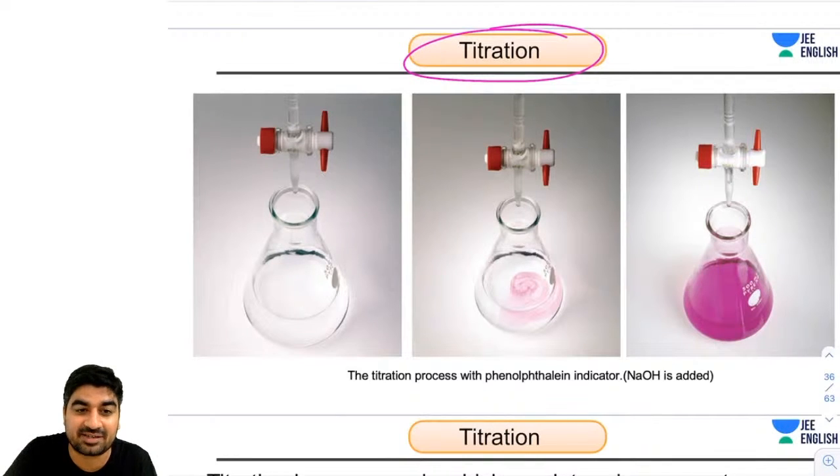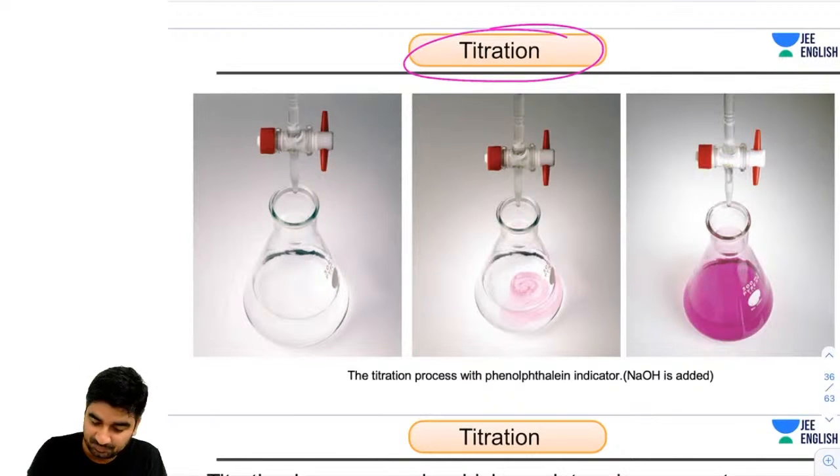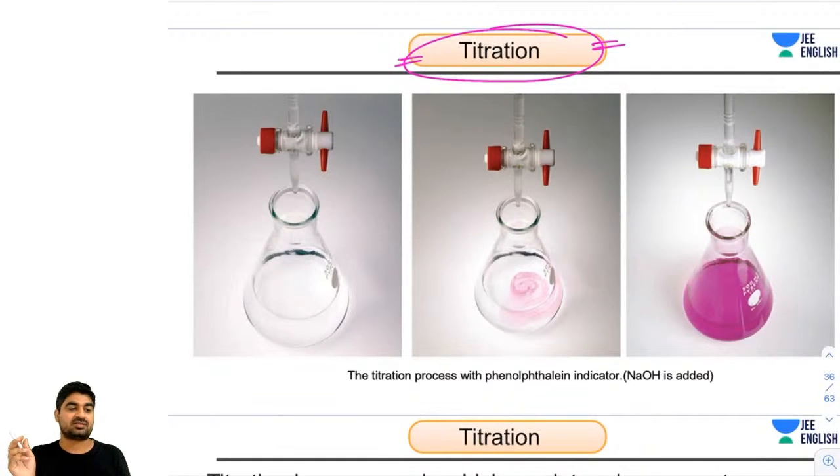Why do we need titrations? In the next class, guys, very important concepts are coming. Don't miss that class, right? If you want to learn about titrations, then the next class is mainly for titrations. I will tell you all types of titrations.